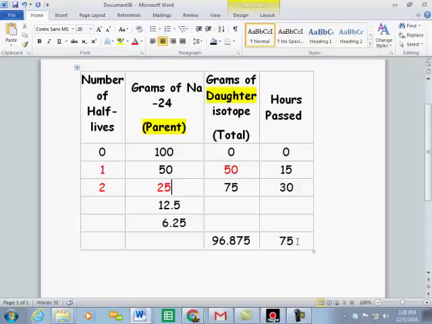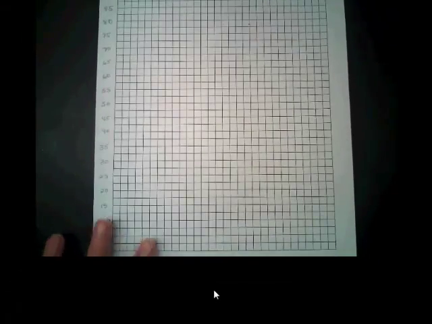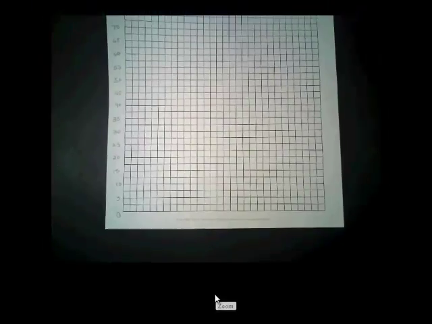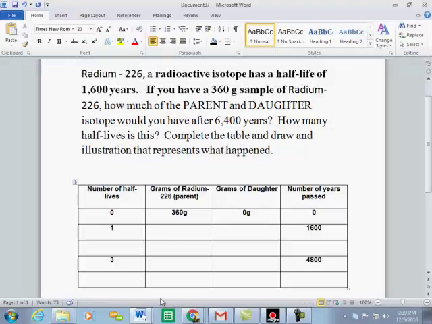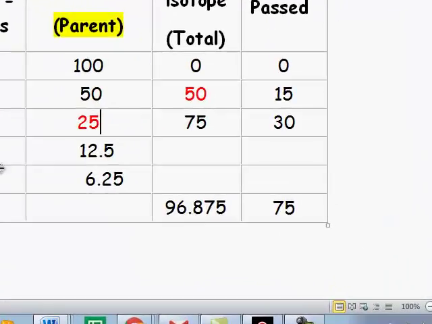So when you're graphing this data table, remember when you make a graph, you want to use the entire graph. So on the bottom of mine, I am going to put the half-lives. I had a total of 0, 1, 2, 3, 4, 5 half-lives.